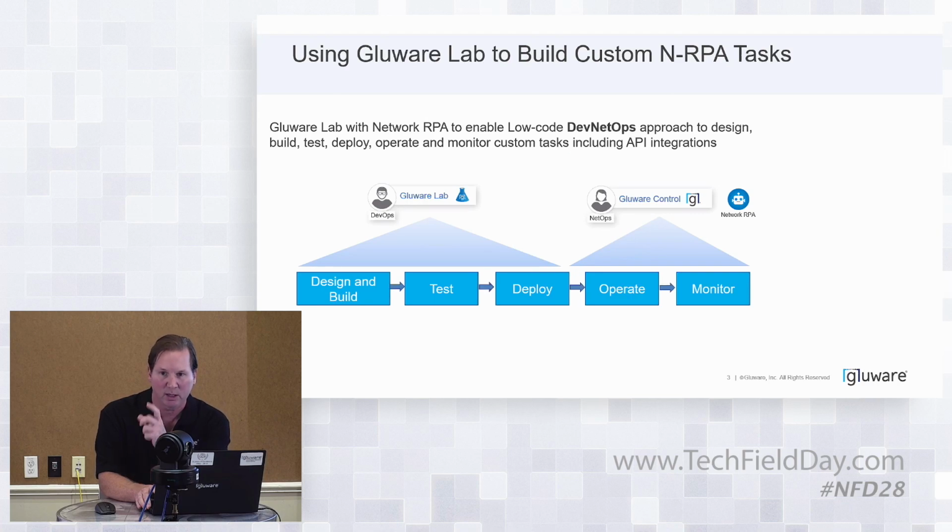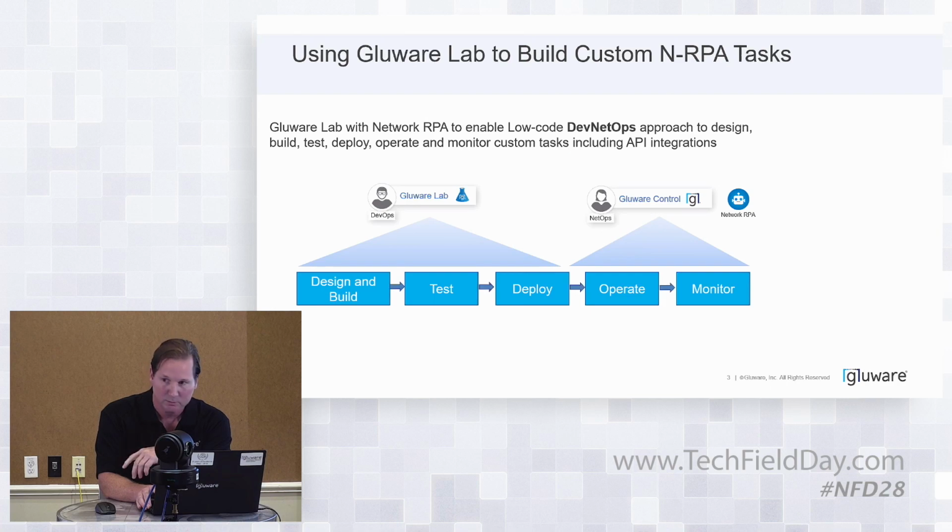The key turning point for him was when he saw Gluware Lab and the fact that he could customize his own abstraction, and then wrap it with a programmatic interface. In their environment they use GitLab as CI/CD, so the developer CI/CD pipeline could programmatically call Gluware and add VLANs to their EVPN fabric. Then he was sold, and he was using legacy automation and trying self-build.